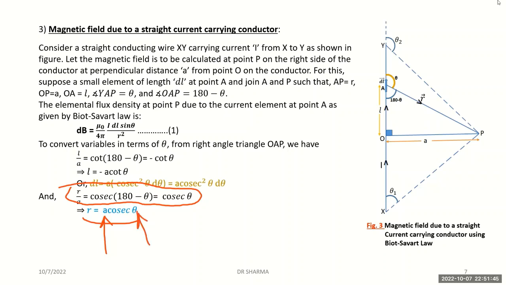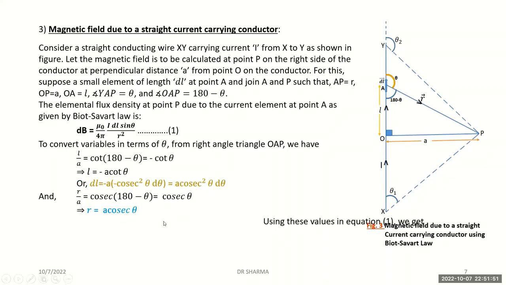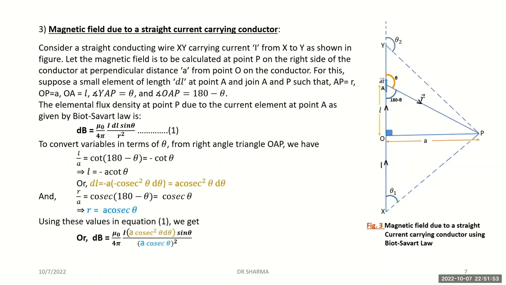Now, replacing those values in equation 1, we get, check that, mu naught I upon 4 pi. The same here, dl is converted to the theta variable and a constant, a cosec square theta d theta.